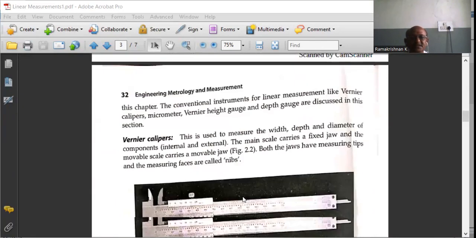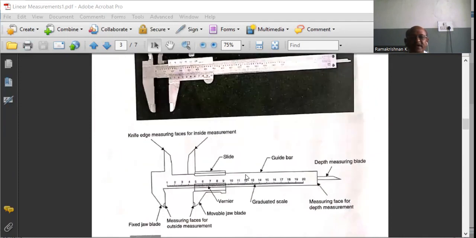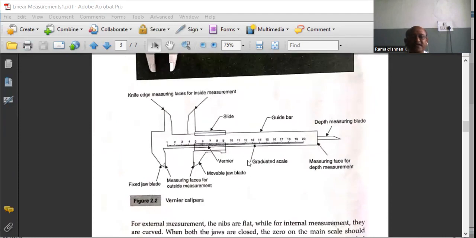Other than that, as you see in the photograph and the diagram, the Vernier caliper consists of the main scale and a Vernier scale, and two jaws at the top and bottom.